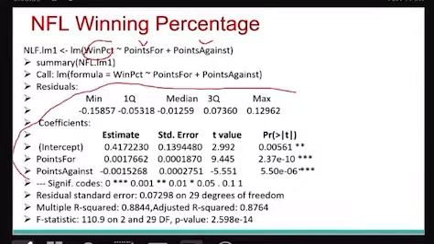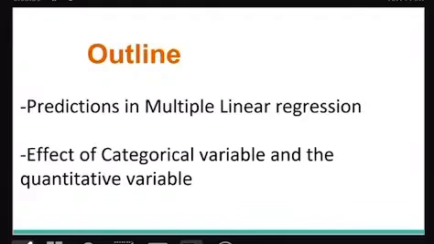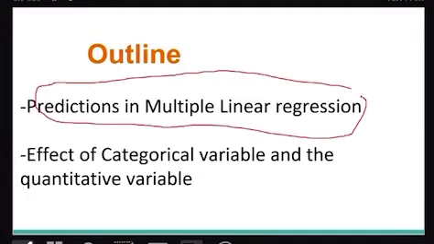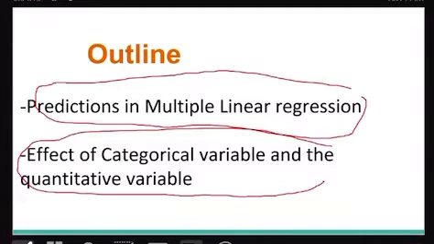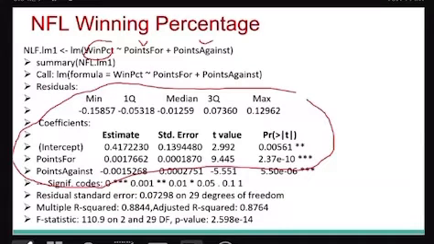When I first start, maybe I just want to understand what I'm doing. I first want to start with how we make predictions in a multiple linear regression model, before I go into the second goal, when I have a categorical X and a quantitative X. Right now, the example I'm showing is how to make a prediction.